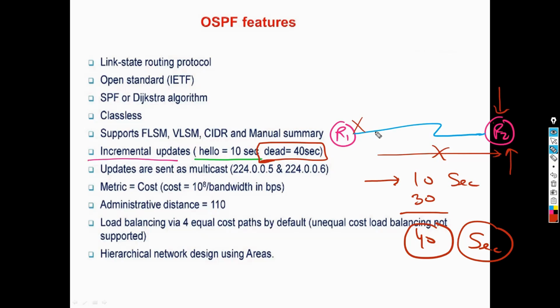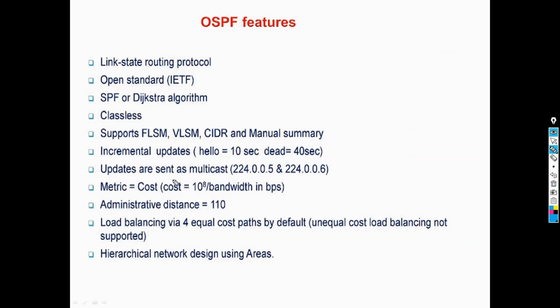Now in the new routing table, R2 doesn't have R1 route information. So in the next hello packet, R2 sends route information to R3, and in the new updates, R1 information is not available. Clear my point? So dead interval is what? 40 seconds.